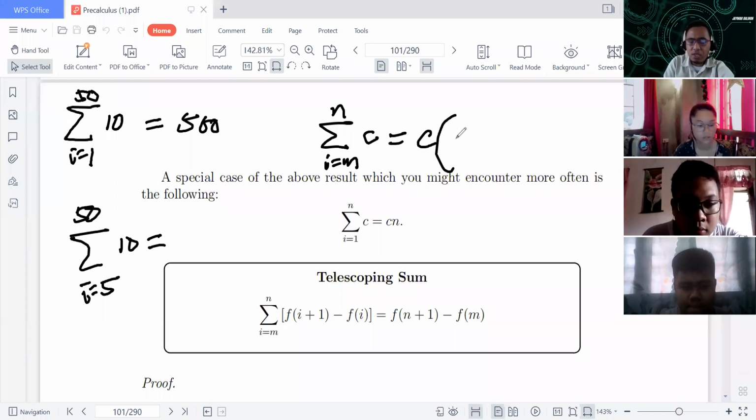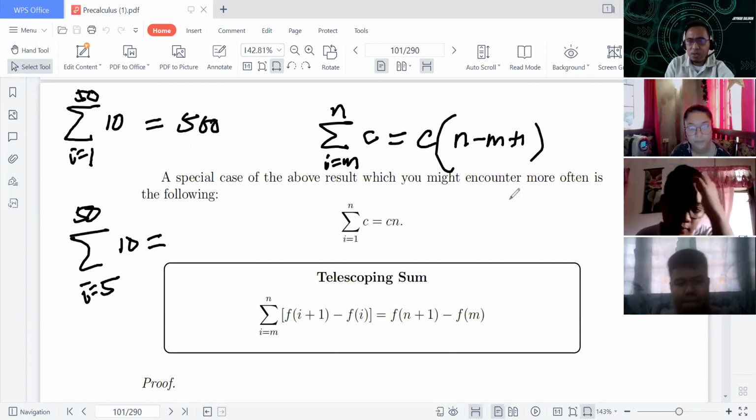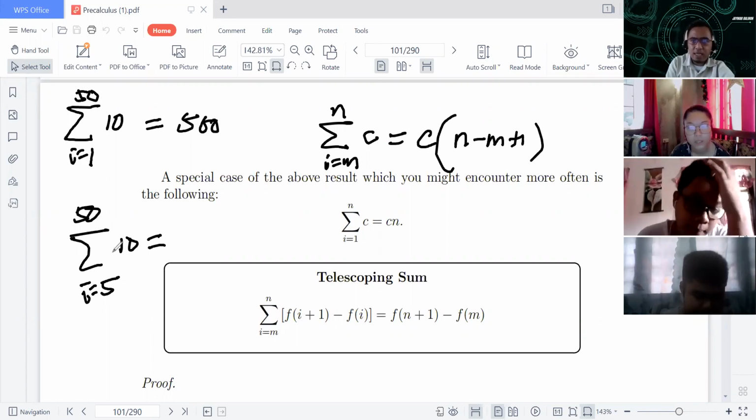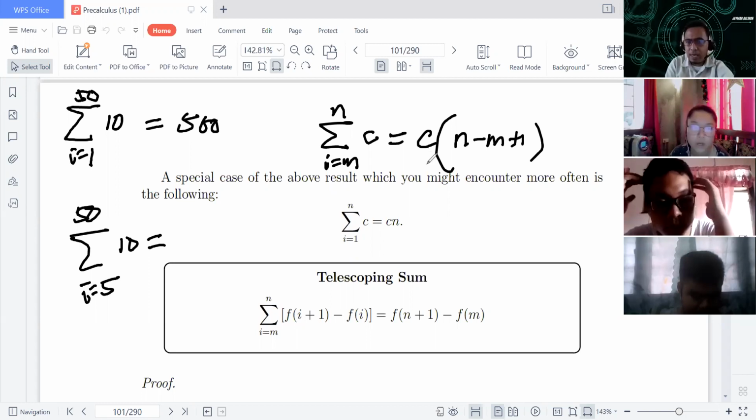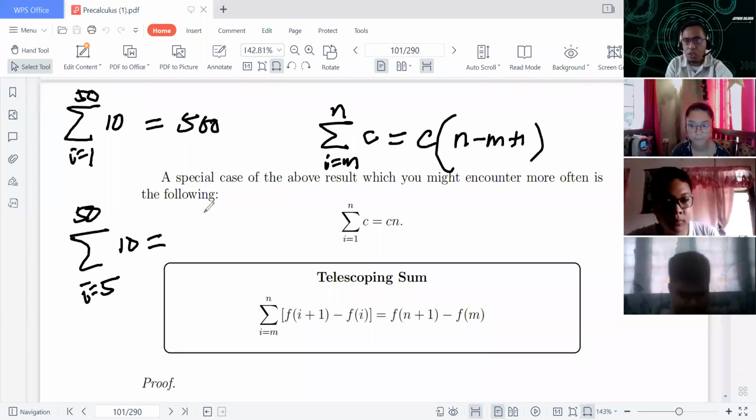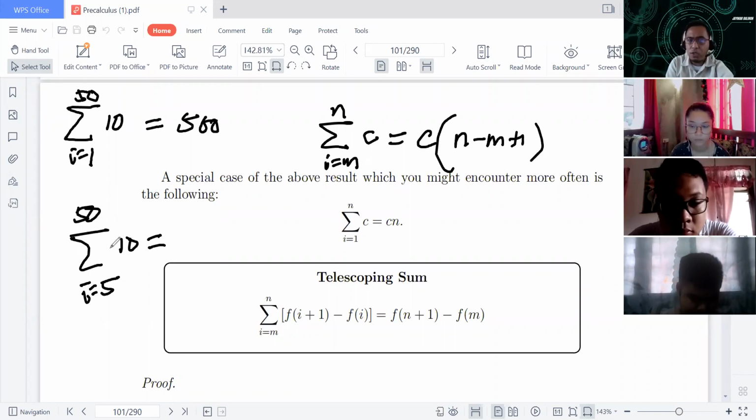The formula is C times (n minus m plus 1), right? So you will solve it with this formula. Your C here is 10.